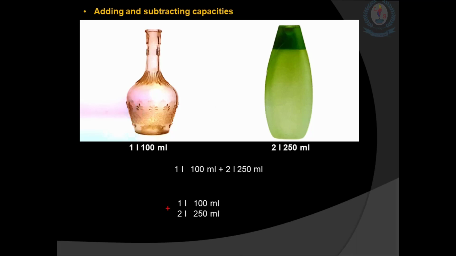It is very important to write the units in the correct place value before doing the addition. First, we have to add the milliliters. Next, we will add the liters. So, the total capacity of these two containers is 3 liters, 350 milliliters.